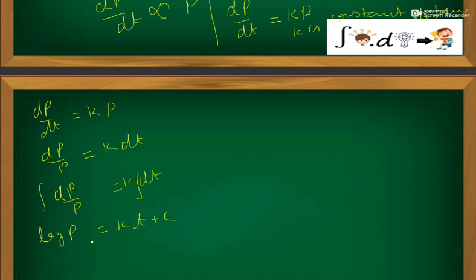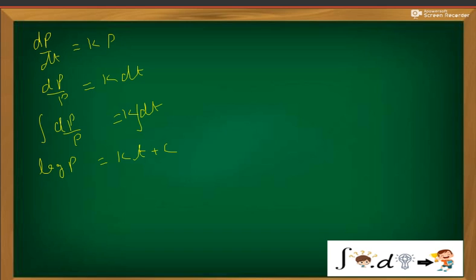Okay, and now we have to suppose that P is equal to P naught when t is equal to 0. Initially t is equal to 0, that means initially there is no time, then the population is P naught.